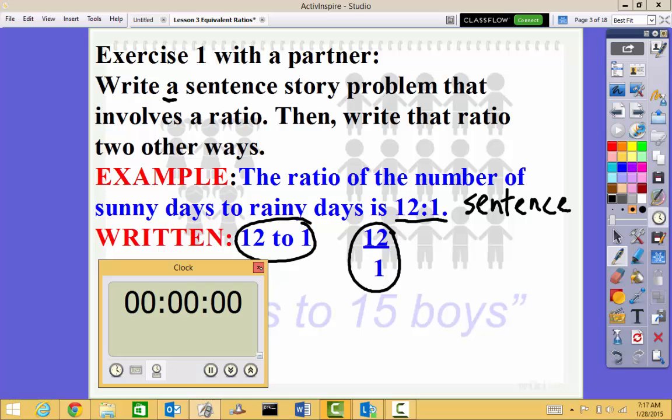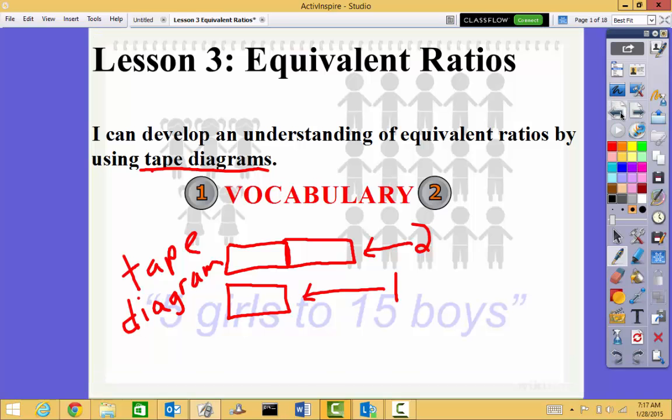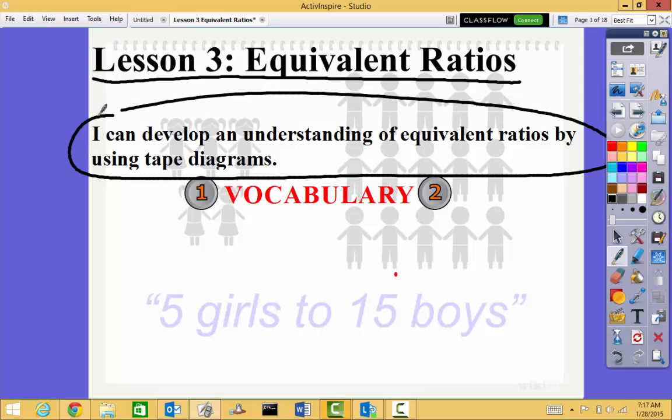All right, pencils down, eyes up at the active board. Right underneath your sentence and your other ways to write ratios, you're going to copy our I can statement and you're going to label it Lesson 3. So right underneath what you just wrote, you're going to write Lesson 3, equivalent ratios, and our I can statement.